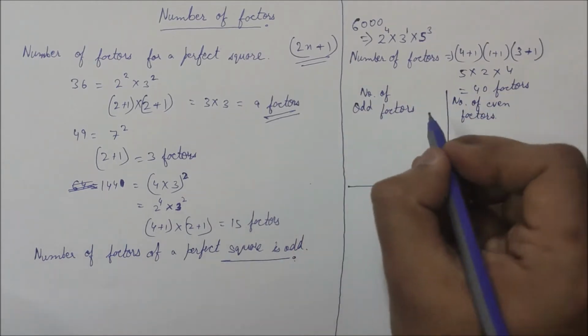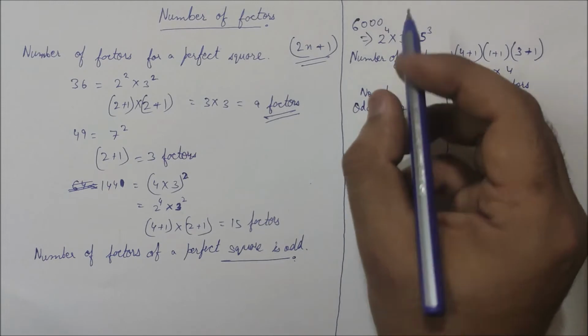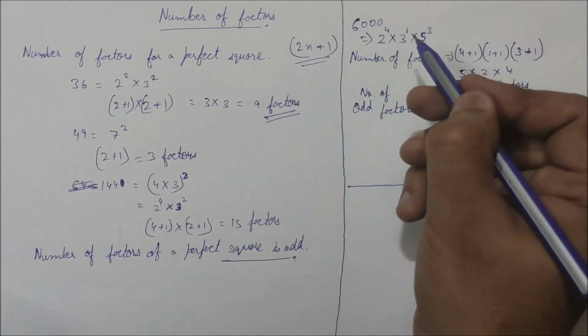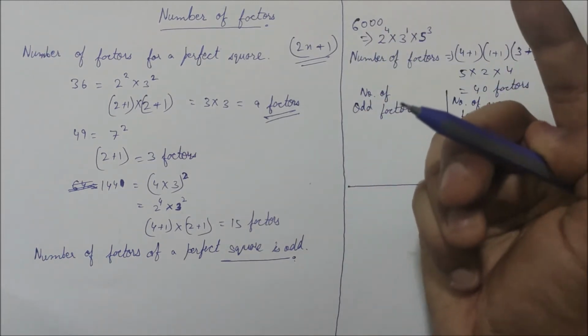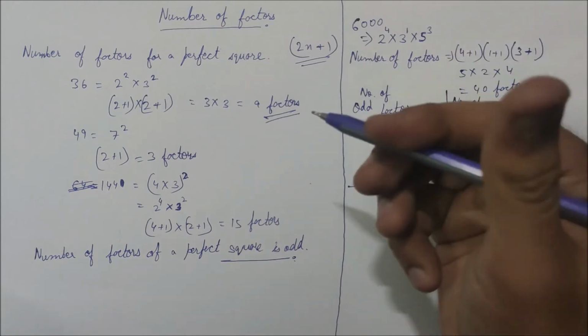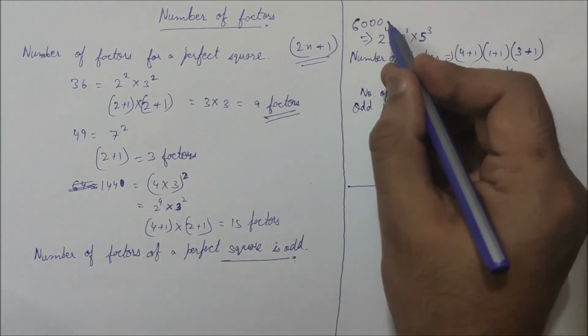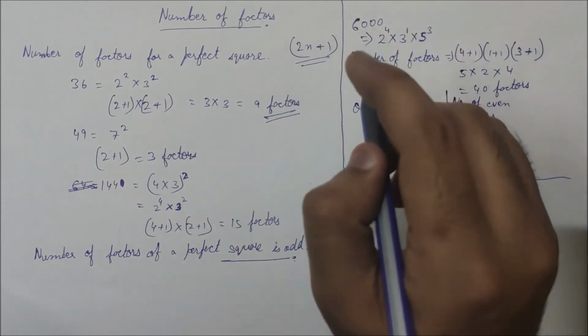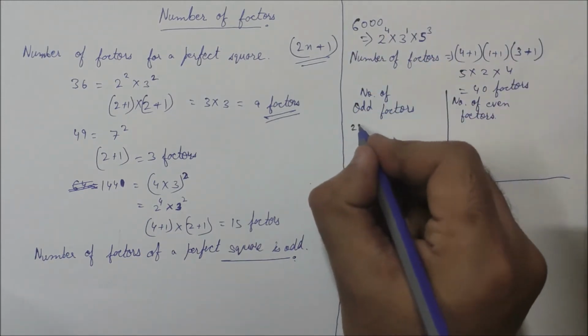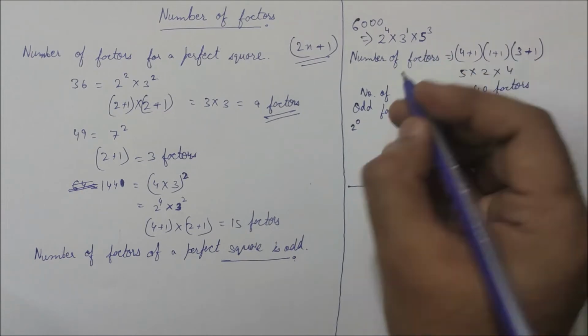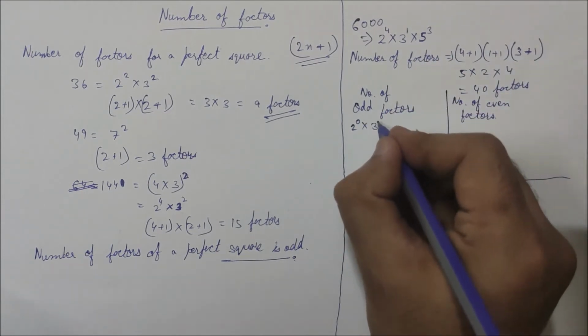So the number of odd factors. For odd factors, I don't need a single 2. Even a single 2 in the factors will make that factor an even factor. So I need 2 to the power 0. Even 2 to the power 1 would give me an even factor, so I can take only 2 to the power 0. For 3 there is no restriction, 3 to the power 1.